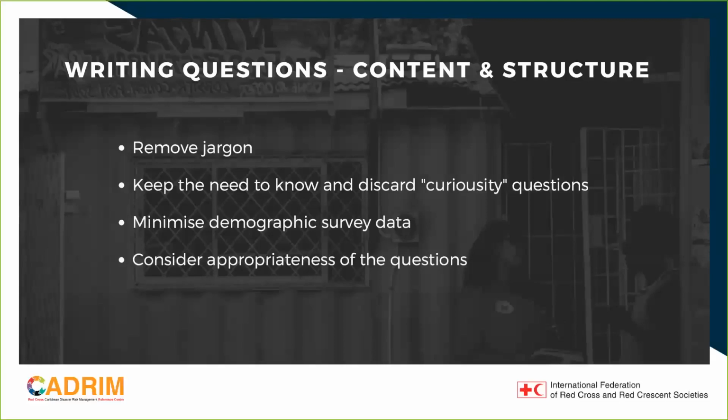And also consider the appropriateness of the questions, and that follows on from some of the previous points. So refrain from being exploitative, do not ask irrelevant questions, and just stick to the issue at hand.